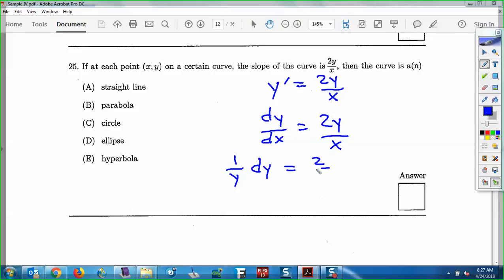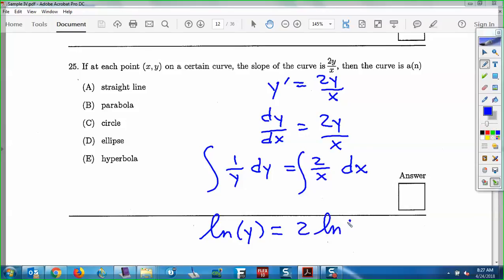So you'd have 2 over x dx, I believe. I think that's what that would look like, right? Do the integral of both sides. So this is ln y equals 2 ln x plus c, like that.